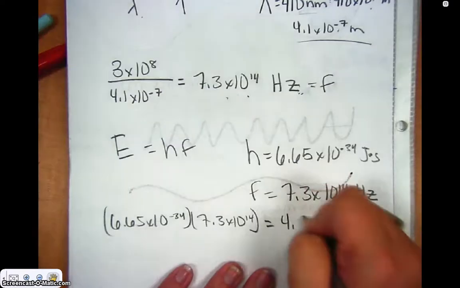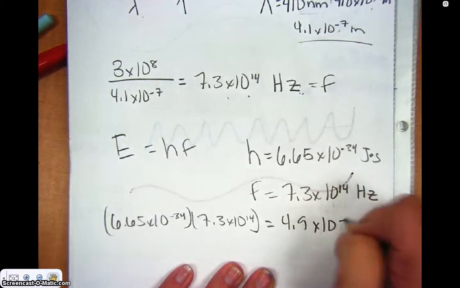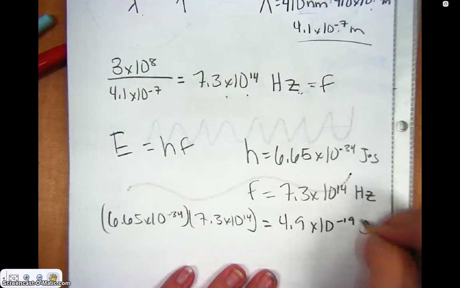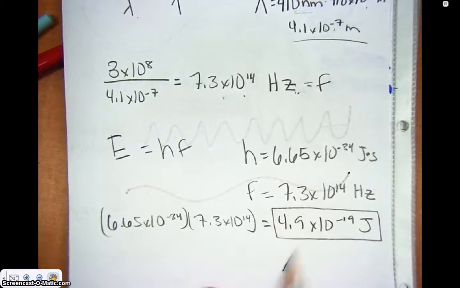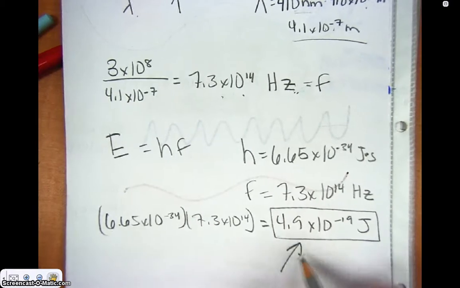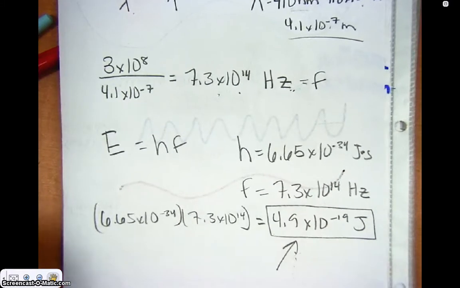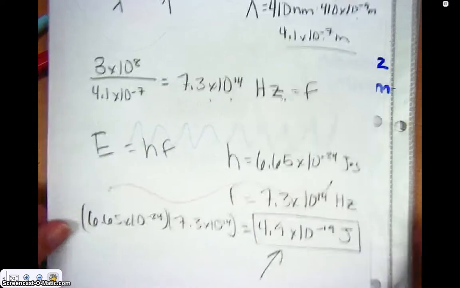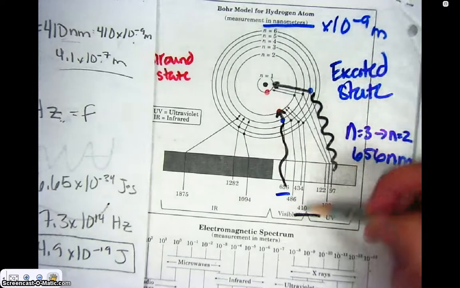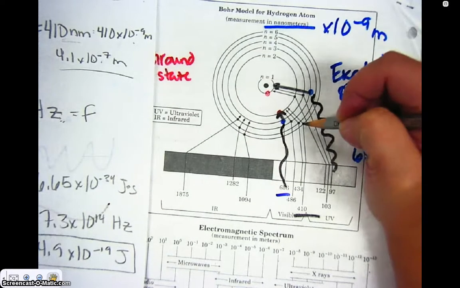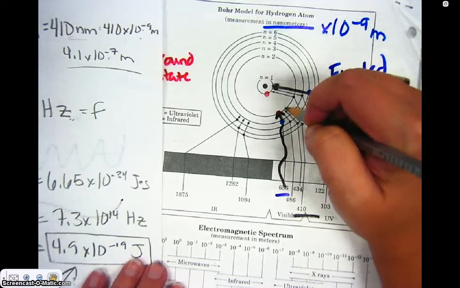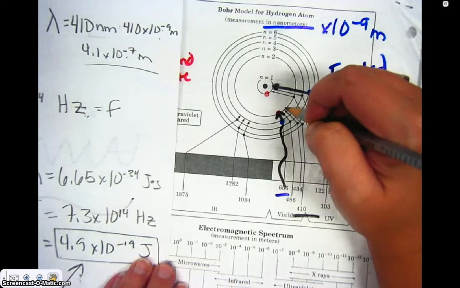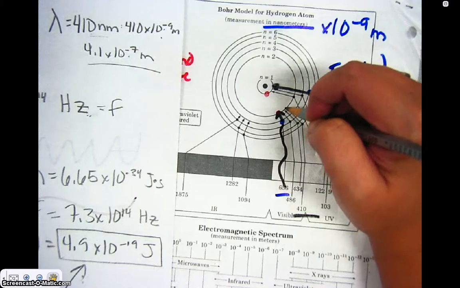So 4.9 times 10 to the negative 19th joules. Joules is the unit for energy. So what does that mean? What does that actual number mean, going back all the way to the beginning? What this means is that if we look at this electron right here, this electron absorbed 4.9 times 10 to the negative 19th joules from whatever source, electricity or heat or whatever.